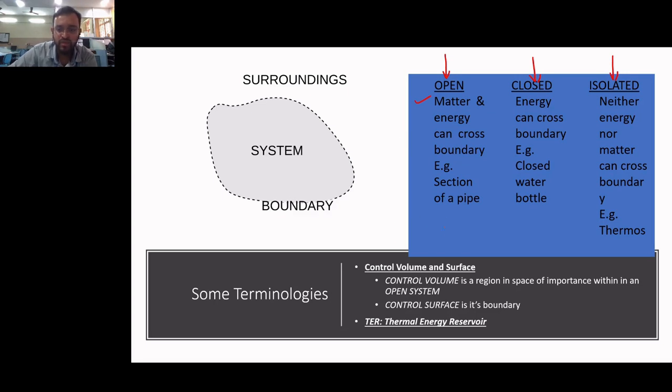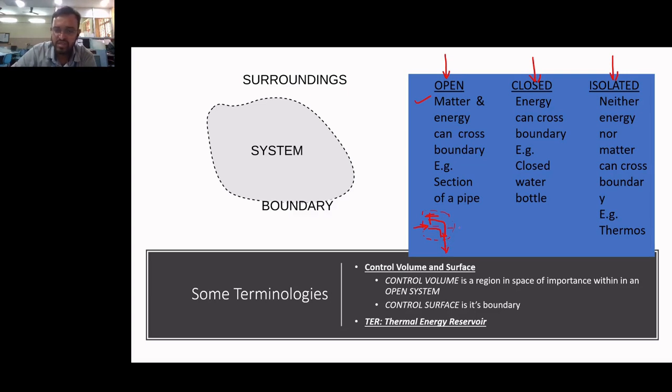For example, you have a tap. If you are analyzing this system, you can see that water is flowing in and water is flowing out, correct? As soon as the water flows out, it drops in height.